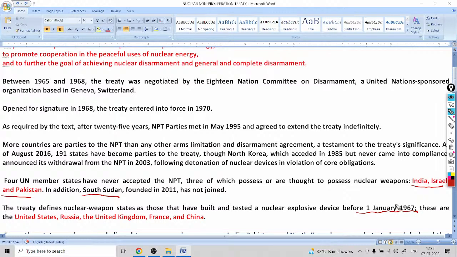So how many had exploded before that? Only five: USA, Russia, UK, France, and China. These five countries, who are no doubt the permanent members of the United Nations Security Council, test exploded nuclear weapons prior to 1st January 1967. That's why they were recognized as the nuclear weapon states.